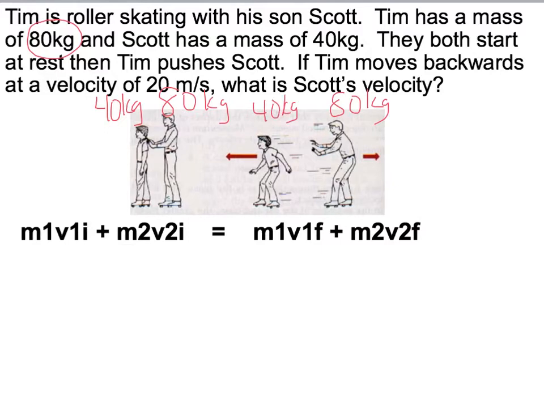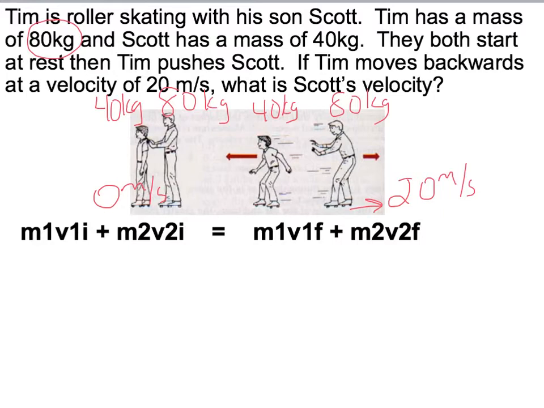They both start at rest. And when Tim pushes Scott, Tim moves backwards at a velocity of 20 meters per second. And it says, what's Scott's velocity?